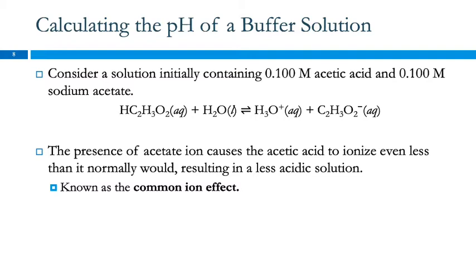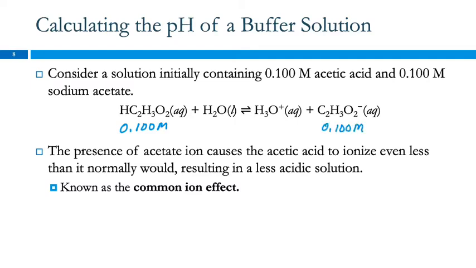So, if we look at this equilibrium, here we have acetic acid in equilibrium with its anion, acetate. And if we start out with 0.1 molar acetic acid and 0.1 molar sodium acetate, how does this affect this equilibrium? Well, we're starting out with this being 0.1 molar and this being 0.1 molar.